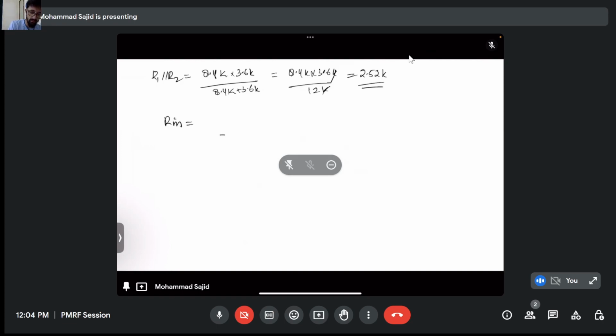That will be given by 2.52K multiplied by 3.5K divided by 2.52K plus 3.5K. Okay, let me just calculate it.